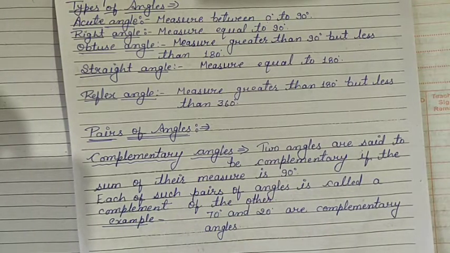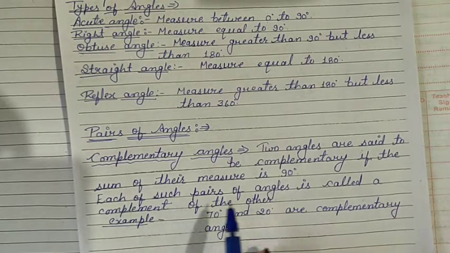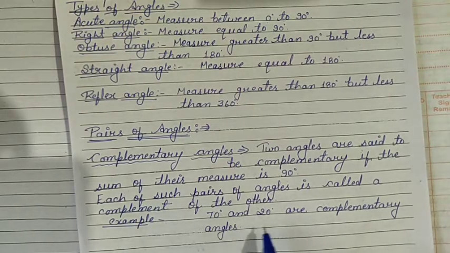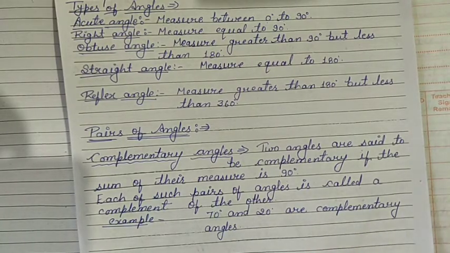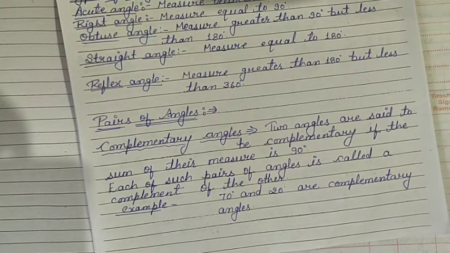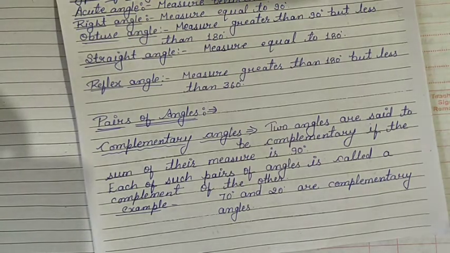Each of such pair of angles is called a complement of the other. For example, 70 degree and 20 degree are complementary angles.